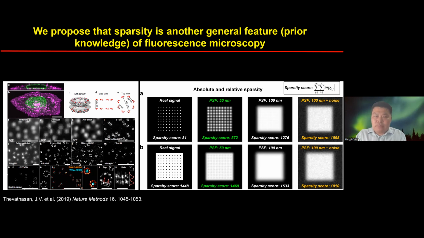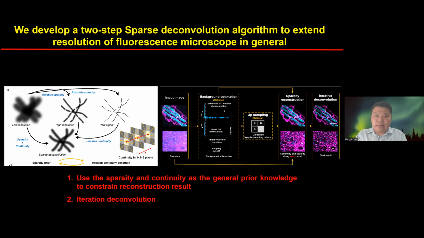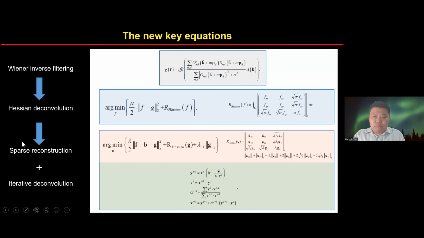That means sparsity is another general feature of fluorescence microscopy that can be used along with spatial and temporal continuity. Having that in mind, when we get our image, we can use sparsity and continuity as general prior knowledge to constrain an iterative reconstruction. And then we do RL deconvolution.